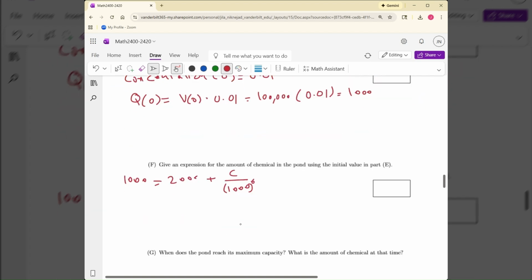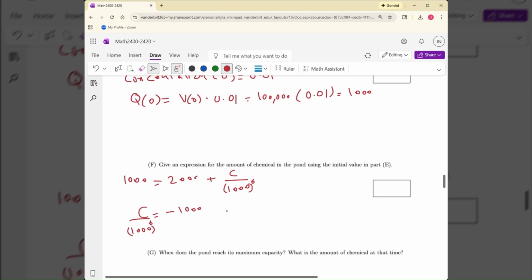Now solving that is going to give me c over 1,000 to power 6 is equal to negative 1,000.